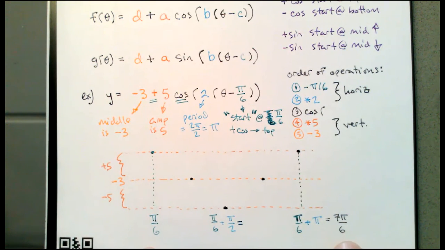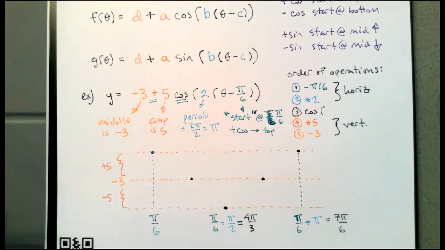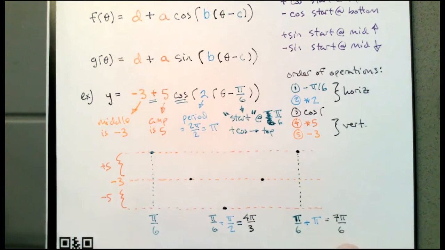Or we can take the average of 7 pi over 6 and pi over 6. 7 pi over 6 plus 1 pi over 6 is 8 pi over 6. So pi over 6 plus pi over 2 will be 4 pi over 3. Just average these two.